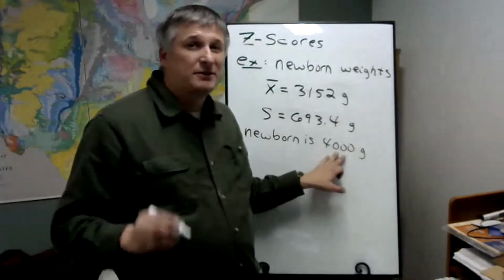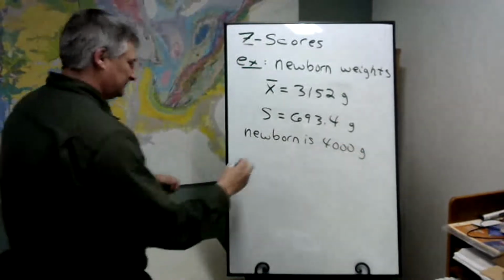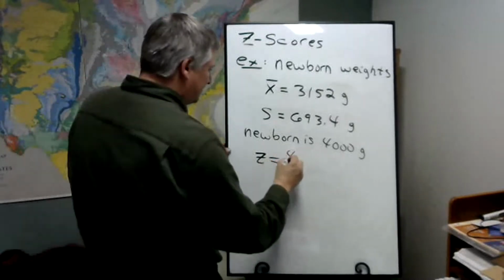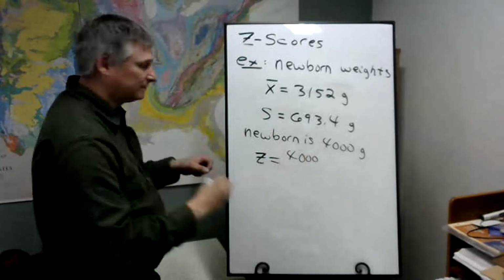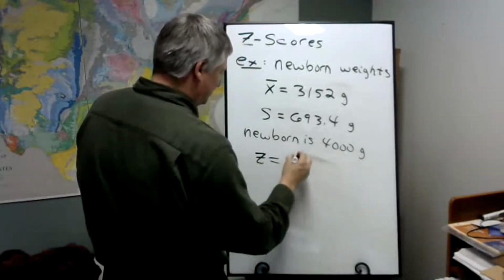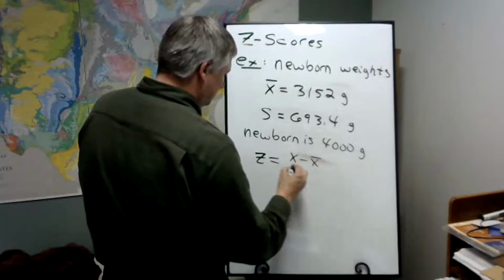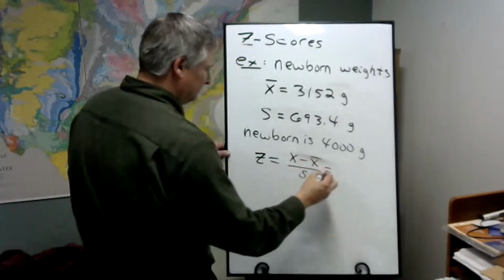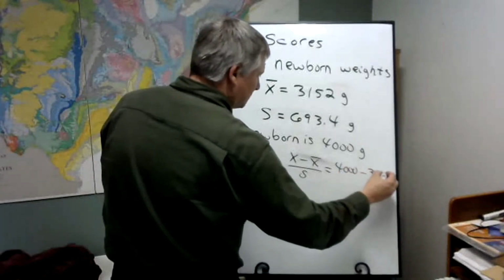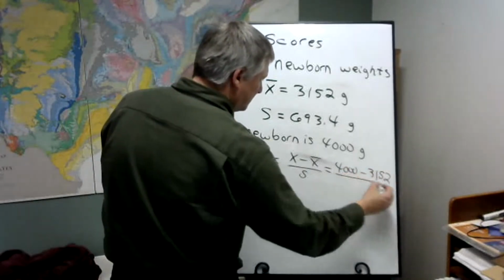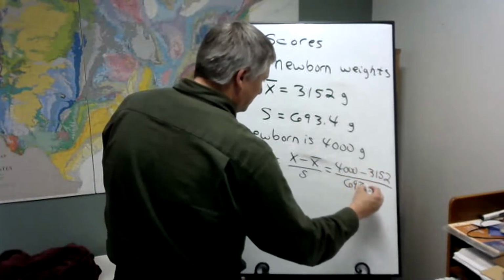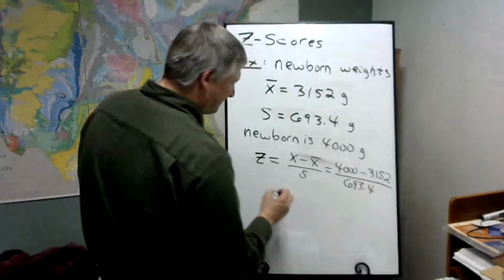Let's convert this to a z-score. So the z will be the data value itself, that's x, minus x bar, divided by the standard deviation. Here I'll write out the formula: 4,000 minus 3,152, divided by 693.4.